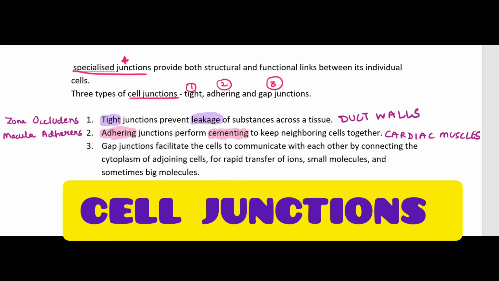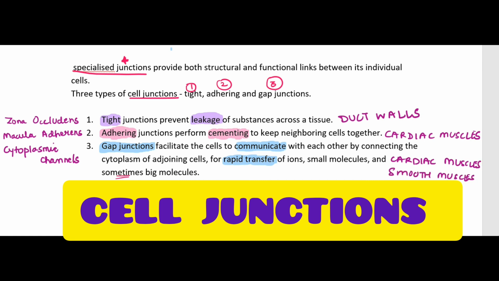Gap junction helps in communication of the cells by connecting the cytoplasm of adjacent cells. So when the cytoplasm of adjacent cells get connected, it allows rapid transfer of ions, small molecules, and sometimes, rarely, big molecules. So, gap junctions are nothing but cytoplasmic channels which allow communication between the cells.